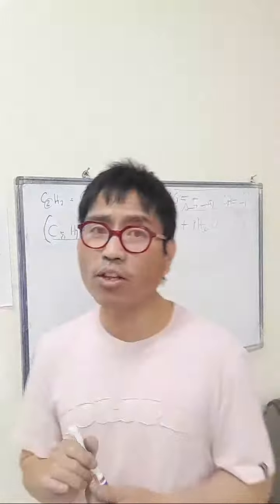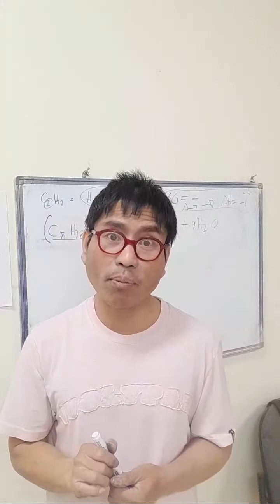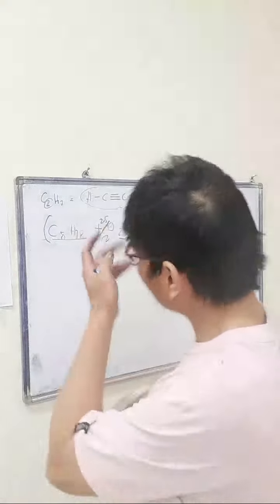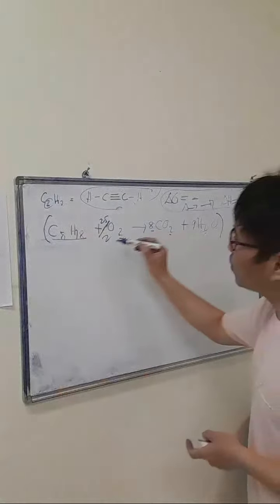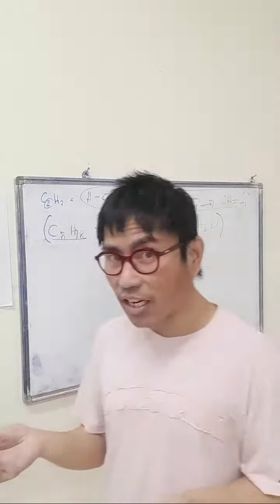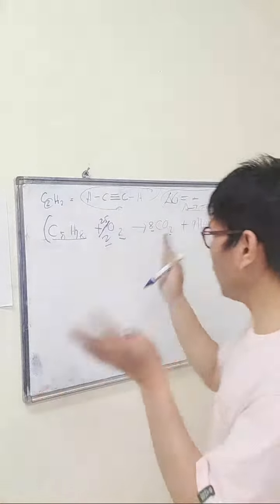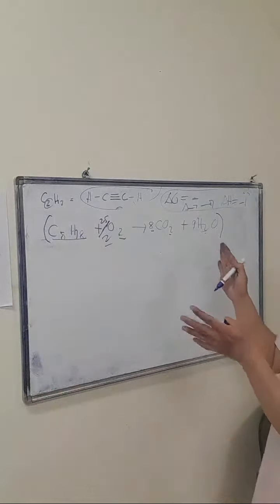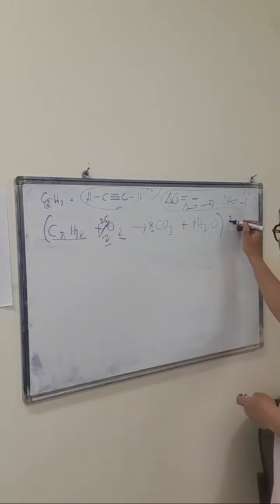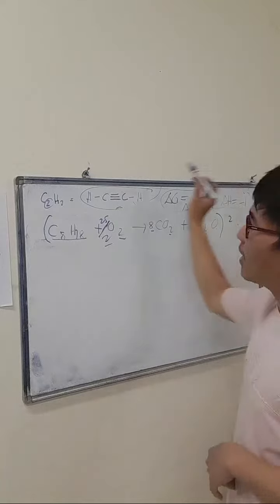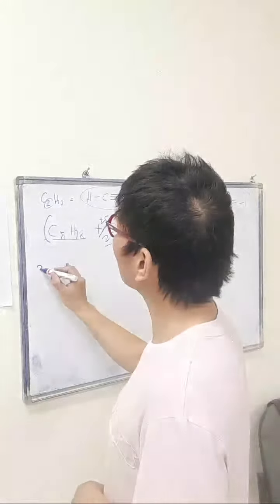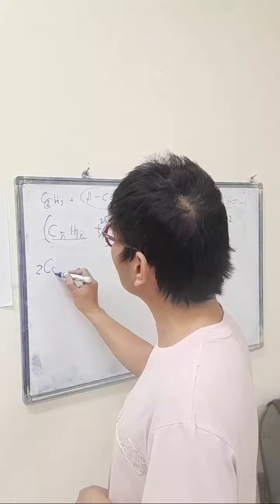Guys, take note, if you multiply, both sides must be multiplied, not only one side. Multiply by 2 because we need to cancel the 2 in the denominator so that it will become a whole number coefficient beside oxygen gas. So 2 times gasoline is equal to 2 moles of gasoline.